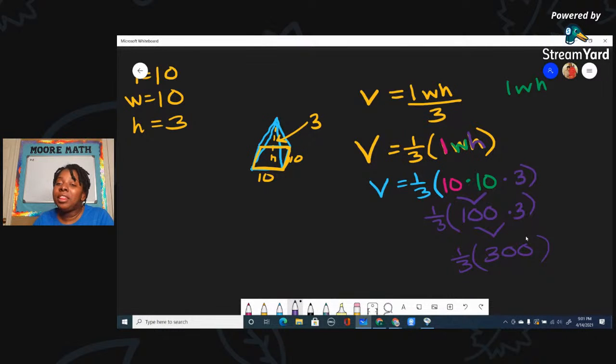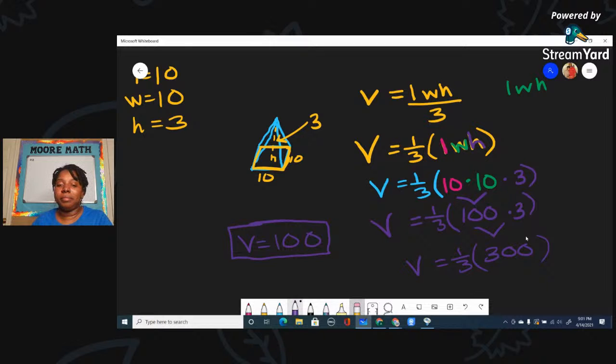And 1/3 of 300, or 300 divided by 3, is 100. So the volume of this pyramid is 100.